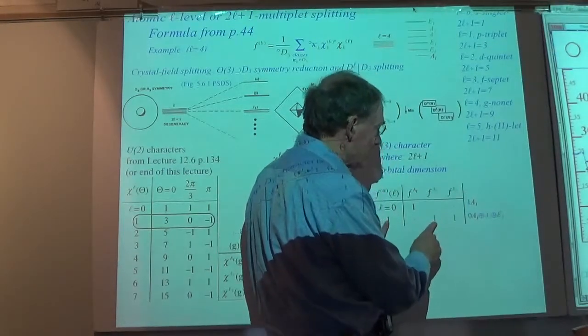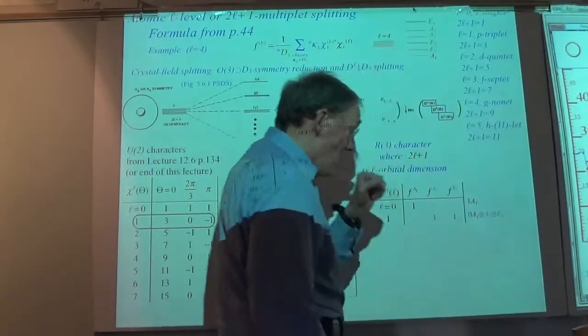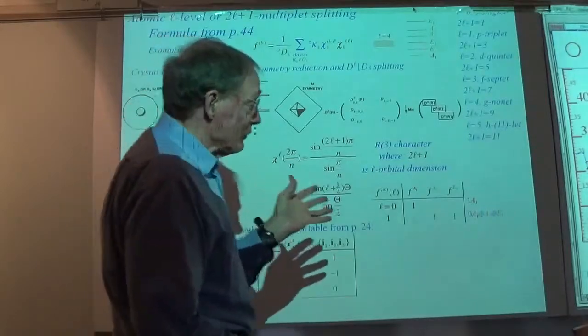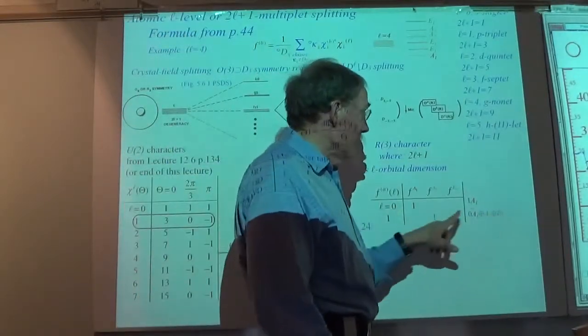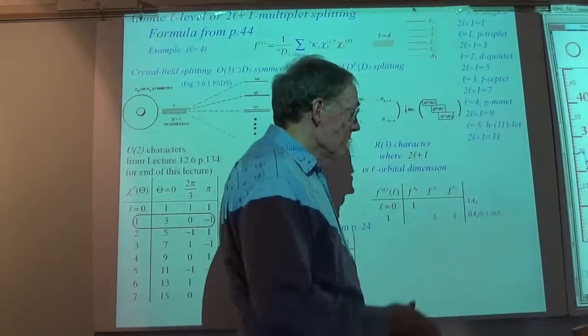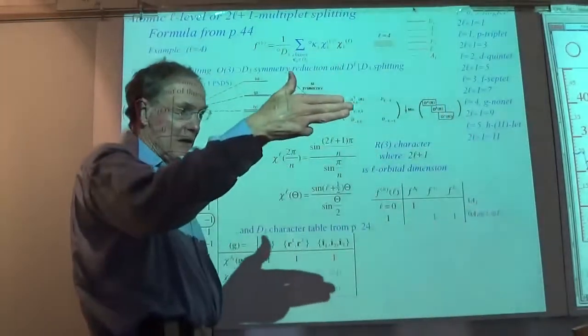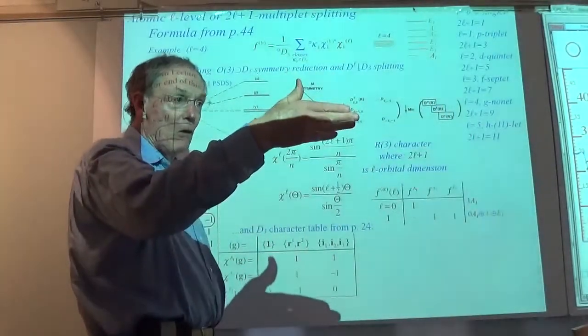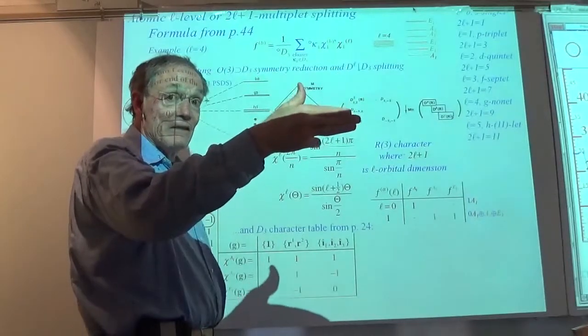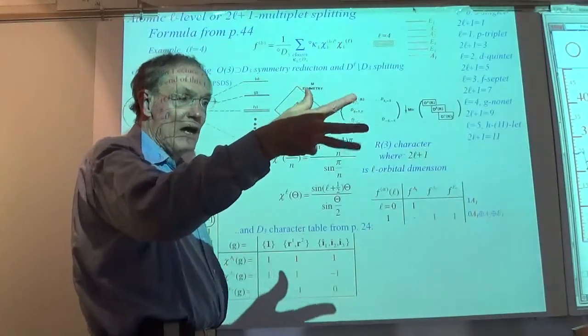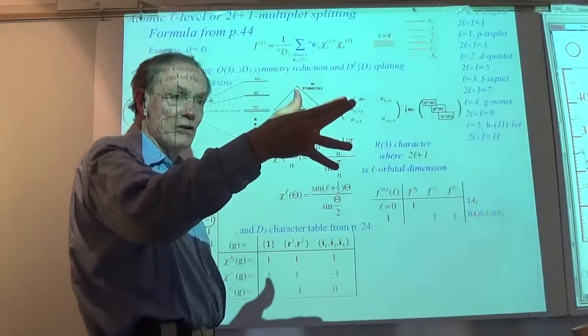It's going to get one A2 and one E1. That makes 3. This is a doublet and that's a singlet. So it's telling me that the triplet's going to split like that. Or maybe like that. Or can't do that because something's got to stay degenerate.